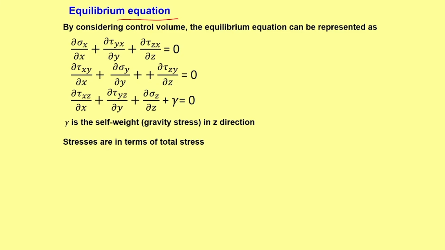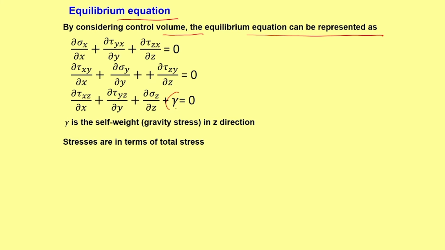I will not go into the derivation of these equilibrium equations, it is very basic and mostly seen by most of you. So, by considering a given control volume, the equilibrium equation can be represented as follows, and you can see that the components of the equilibrium equations are the stress tensor components.